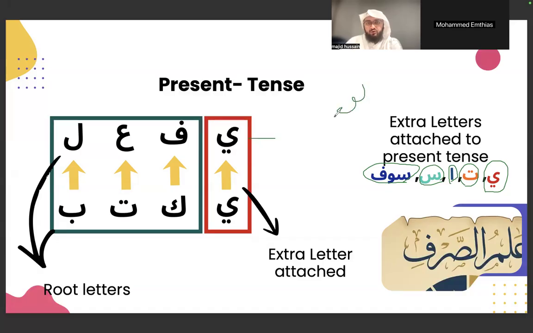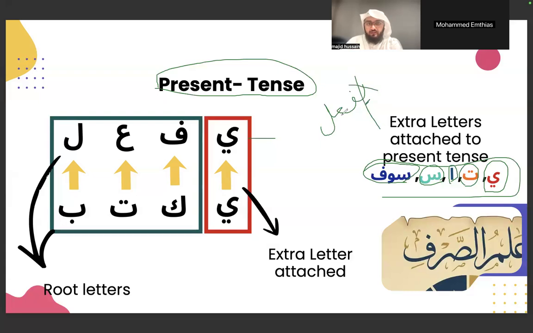For me to understand the root letters of yaf'alu, I will see that this has a ya in it, and this is specific to present tense because in present tense these letters are extra. So I will exclude that letter, and then the remaining letters which I find will be my root letters.